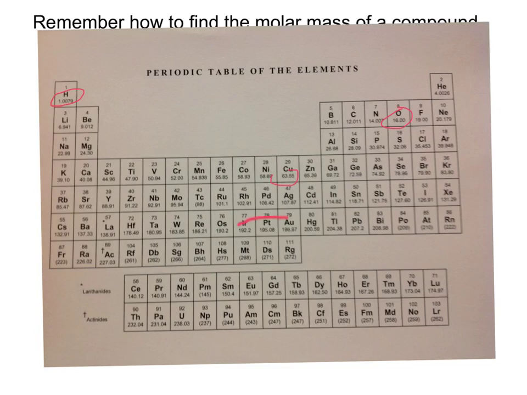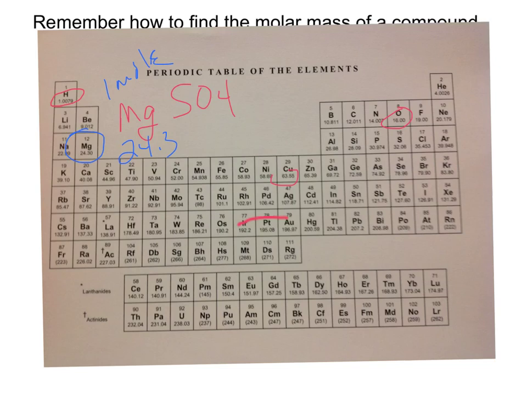Say I'm given magnesium sulfate. That tells me there's 1 mole of magnesium, so I would come down here and find magnesium, and that's 24.3.